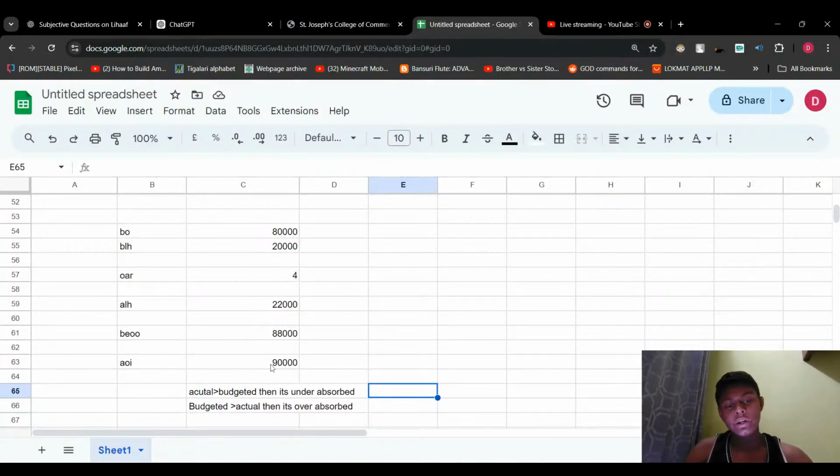If actual is more, like 90,000 minus 88,000, it'll be under absorbed by 2,000. If BOO is 9,000 and AOI is 8,000, then 2,000 would be over absorbed. That's simple. Just remember that as a formula, and life is set.